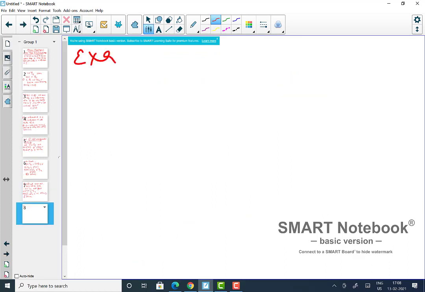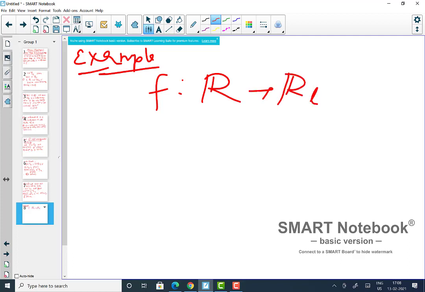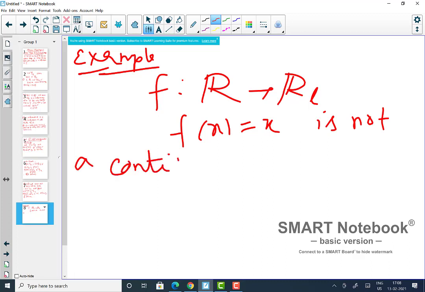Now for example, I have given you an example from R to R_l, and you remember that this identity map is an open map, but you check that this is not a continuous map. Why is it not a continuous map?